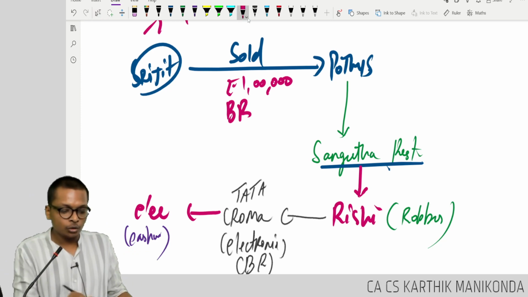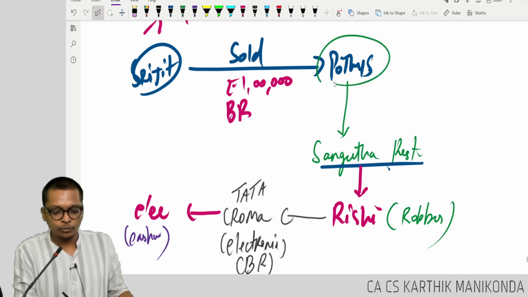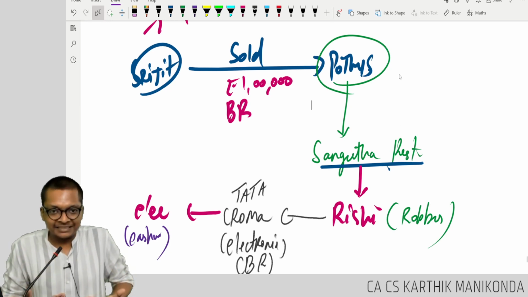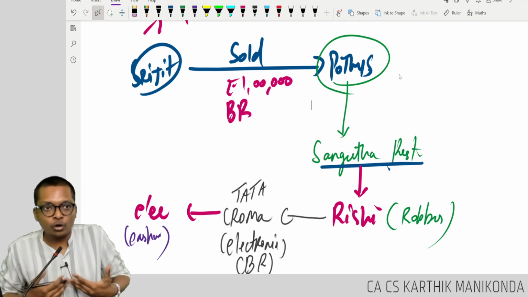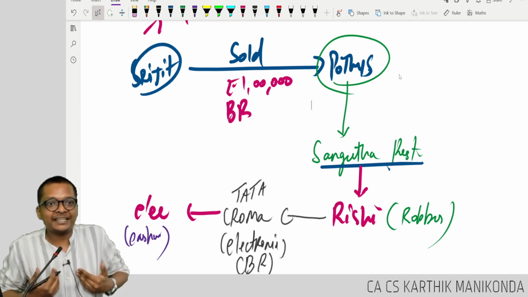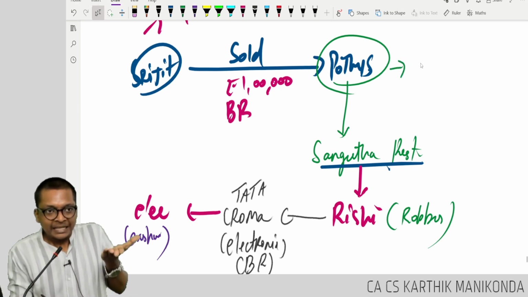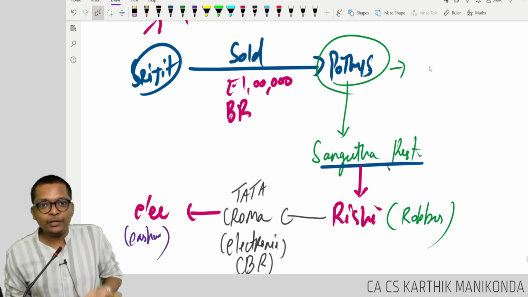Now, first, who had that bill? Pothis. In the ordinary course of business, instead of getting money, I got a bill. So Pothis is called, who's having the check at that point? Holder is somebody who's holding the check.